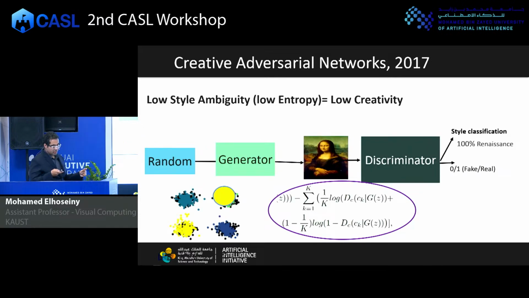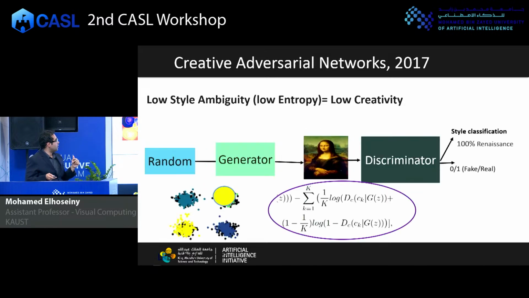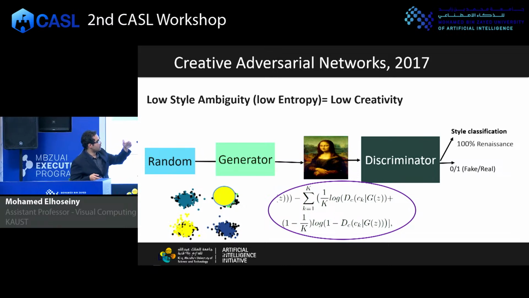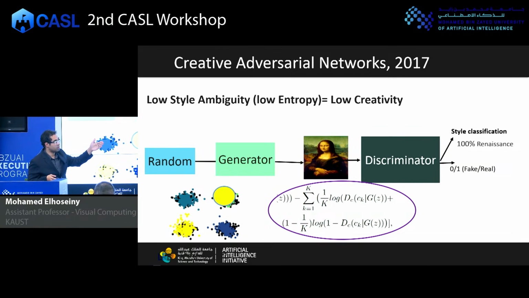It adds an additional head over existing art styles. These are the art styles that humanity has ever encountered, including abstract art, cubism, impressionism, high Renaissance, and others. So we add another loss, and this loss is not only for predicting whether this is real or fake, but also for predicting what art style this image belongs to.